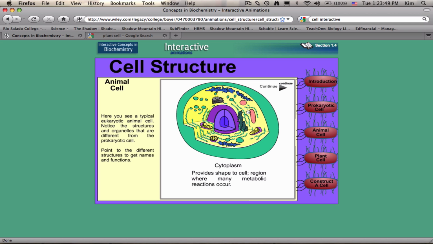Looking at the cytoplasm, so there's always that fluid gel that's inside the cell that all these organelles are in. Here's a fun one. This is the Golgi apparatus. And the Golgi apparatus, it secretes waste products from the cell. The Golgi apparatus is also responsible for labeling proteins, and then they will get transported to the right place.